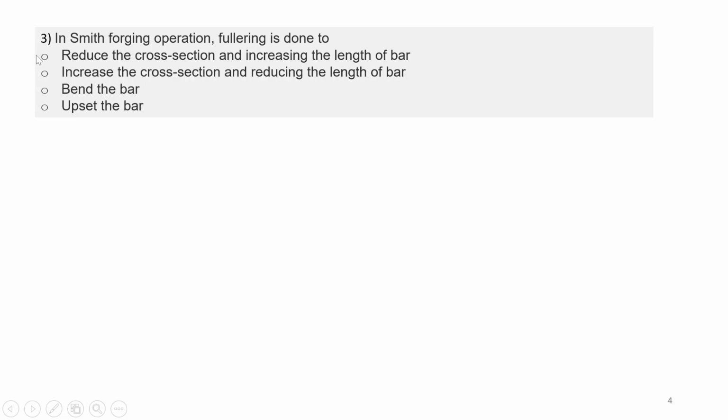Your options are: reduce the cross section and increase the length of the bar, or increase the cross section and reduce the length of the bar, or bend the bar, or upset the bar. Which one should be the correct answer? You can type your answer in the chat if you know the answer.